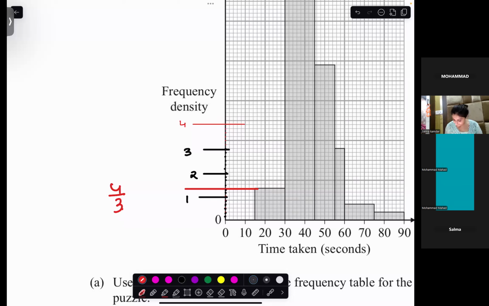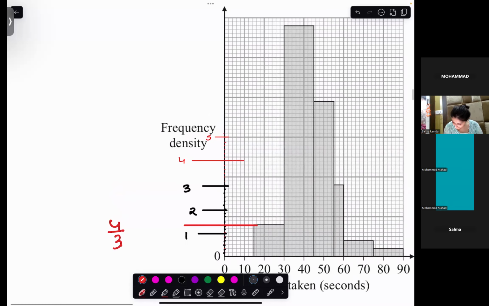This would be 4. This would be 5. This would be 6. 7. 8. 9.